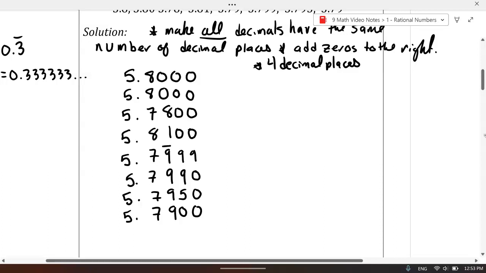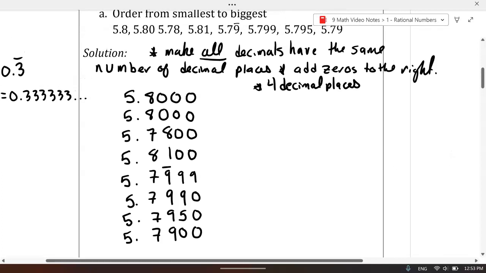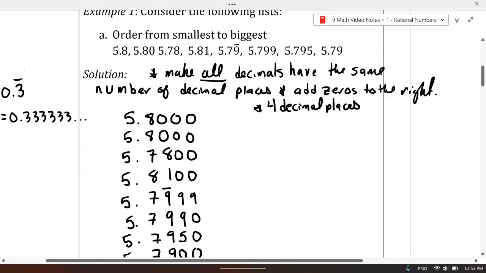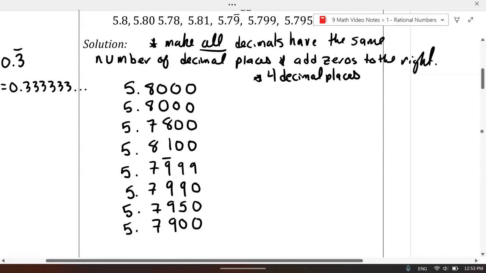Okay. So what I'm going to do is find out what the smallest number is. I know it's not going to be anything that starts with an 8 because 8 is bigger. So I'm going to look at 5.78 and then 5.7990, 5.7999, 5.7950, and 5.79. I'm noticing that this guy right here is the smallest because 7,800 is smaller than anything that's 7,900.